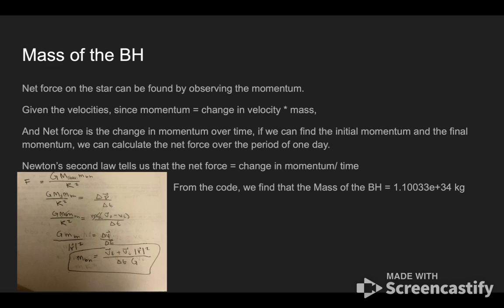Given the velocity, since momentum is mass times velocity, net force is change in momentum over time. If we can find the initial momentum and the final momentum, we can calculate the net force. And so Newton's second law tells us that the net force is the change in momentum over time. From the code, we find the mass of the black hole is 1.1 times 10 to the 34 kilograms.